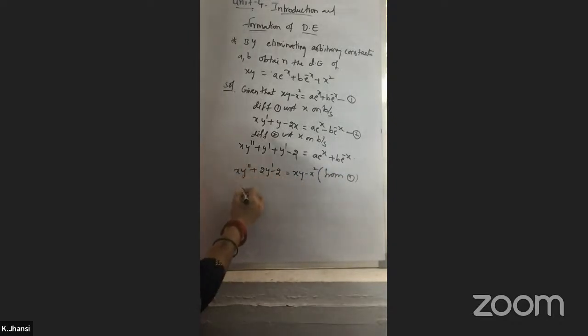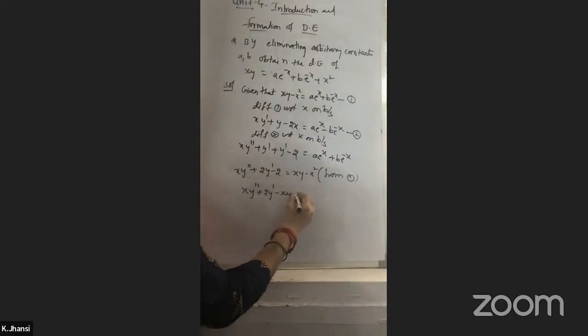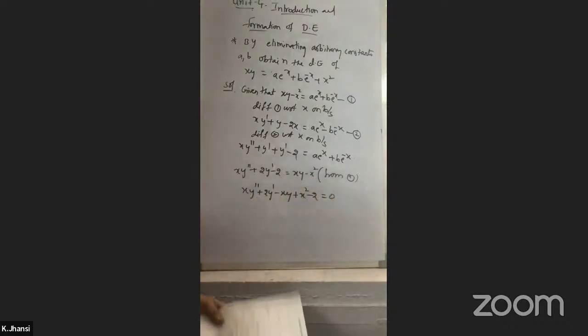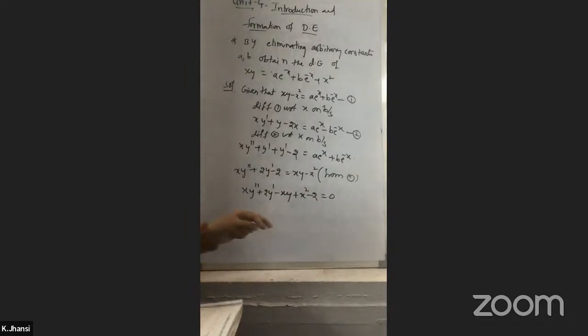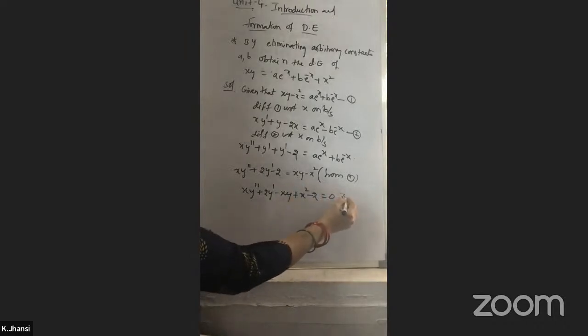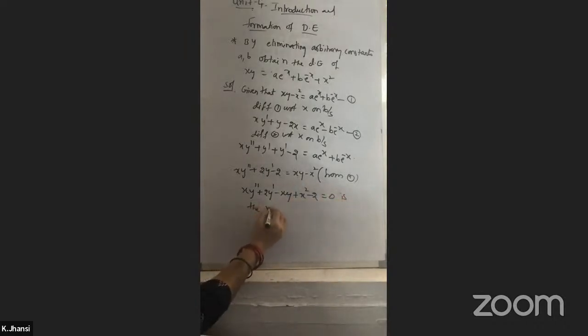So now you take them inside, that is the left hand side: x y double dash plus 2 y dash minus xy plus x² minus 2 equals 0 is the required differential equation.